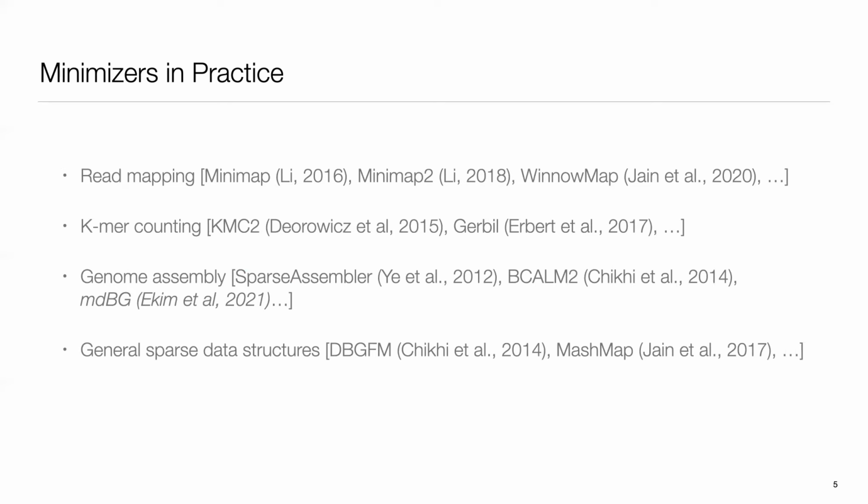In fact, sometime today, I don't know if it's before my talk or after my talk, you will hear a talk on minimizer space de Bruijn graphs, which is exactly about this. And in general, minimizers are just very useful for building sparse data structures.